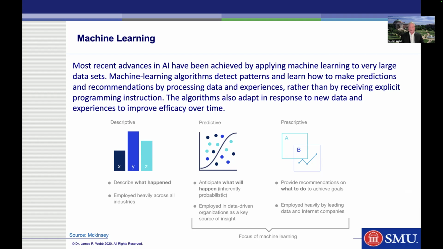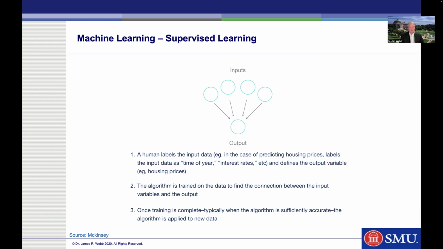And then it can become prescriptive, saying, well, if this happens, you should probably do this, right? So you can build and build and build. The more data you have, the more runtime you have, and the more data analysis you have, the more you can get toward actually figuring out what to do when you see certain things. So there's supervised learning. This is where a human actually labels a lot of the input.